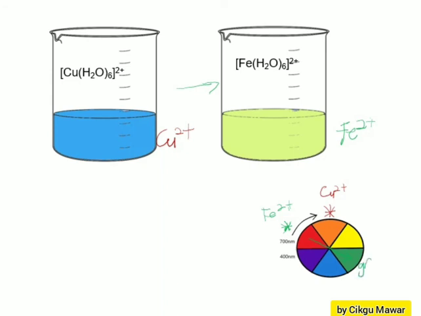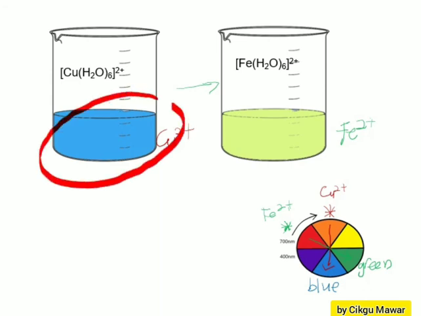While for copper, since it absorbs orange light, the complementary color of orange is blue. So that's why copper 2 plus will appear as a blue color.